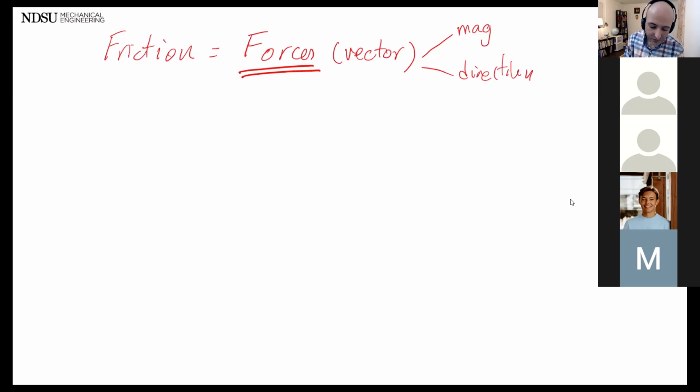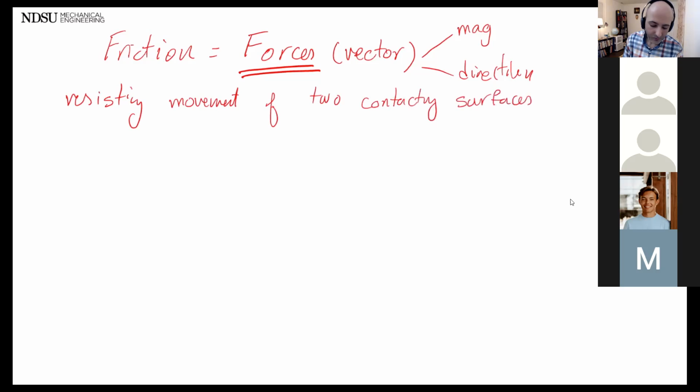But you're right, it's a force resisting movement of two contacting surfaces relative to each other, or they're sliding relative to each other.